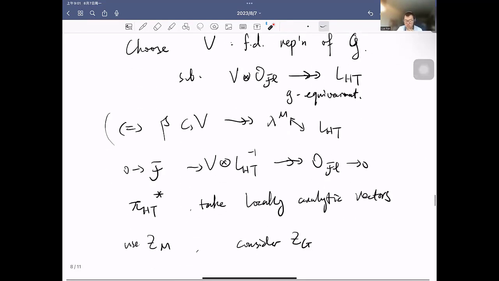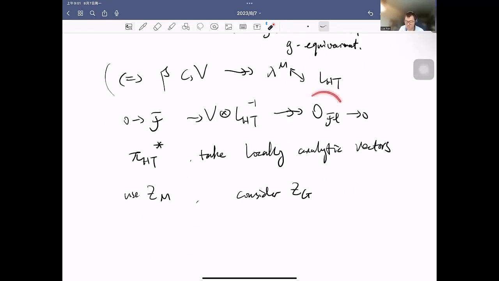And this condition, sufficiently regular, really guarantees that these two will have different infinitesimal characters.